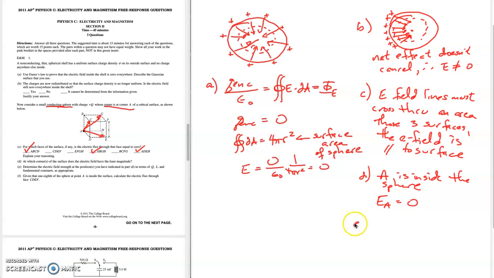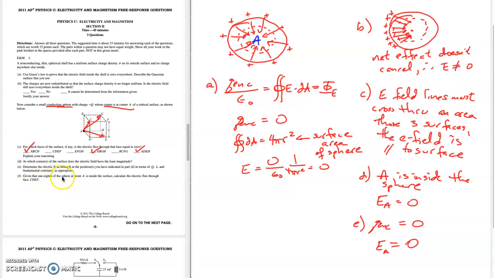Well, for part E, again, if we go back here to my original drawing, if this is our little tiny sphere and the center of the sphere is point A, what we would do is draw our Gaussian surface around that point, say, hey, there's no enclosed charge, so Q enclosed at point A is 0, so therefore the electric field at point A is 0.